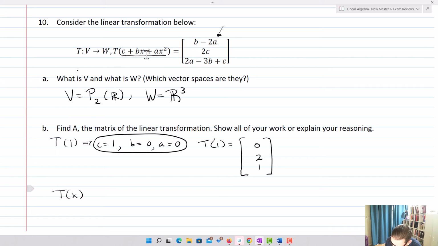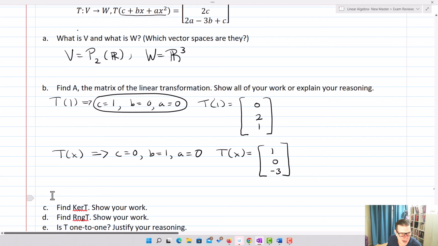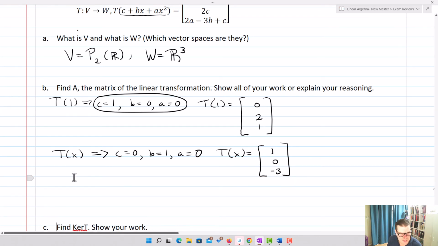T of x then is going to end up being, we're going to have c equals 0, b equals 1, and a equals 0. So T of x is going to end up equaling 1, 0, 2. Or excuse me, 1, 0, negative 3. And now we need to find T of x squared.